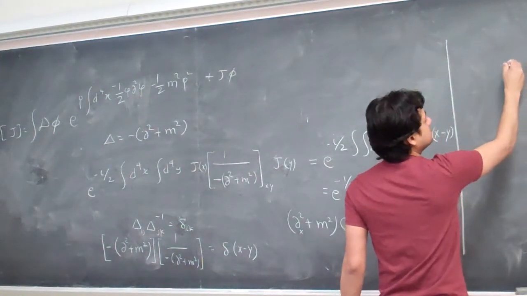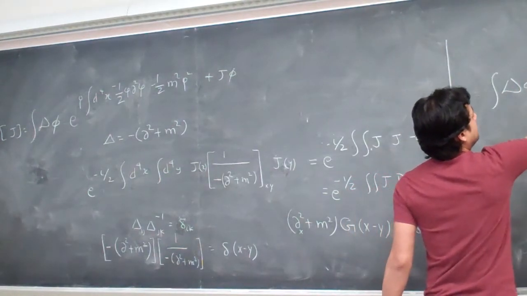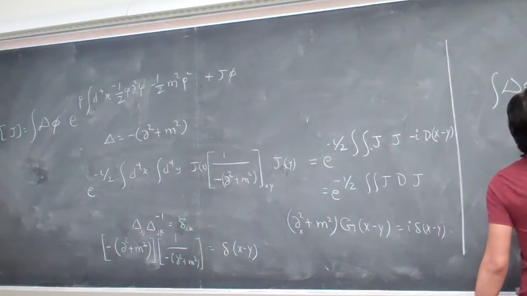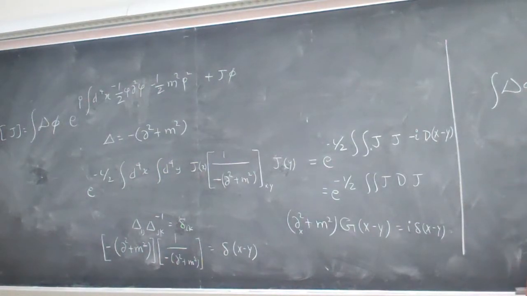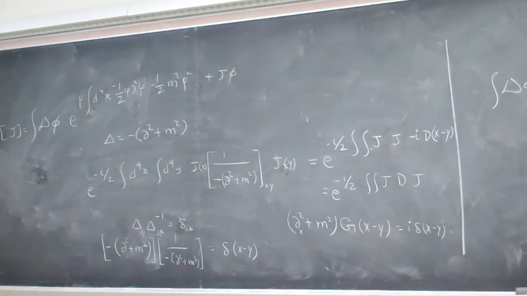So here is the full answer. ∫dφ e^{i∫d⁴x (...)} d φ squared times φ squared times a half.